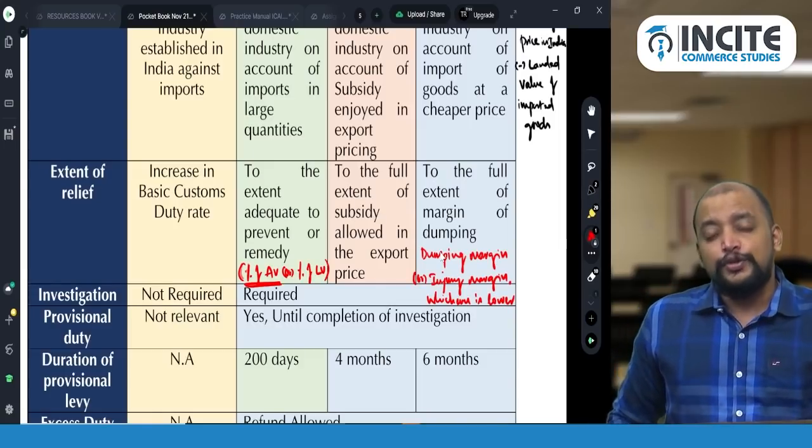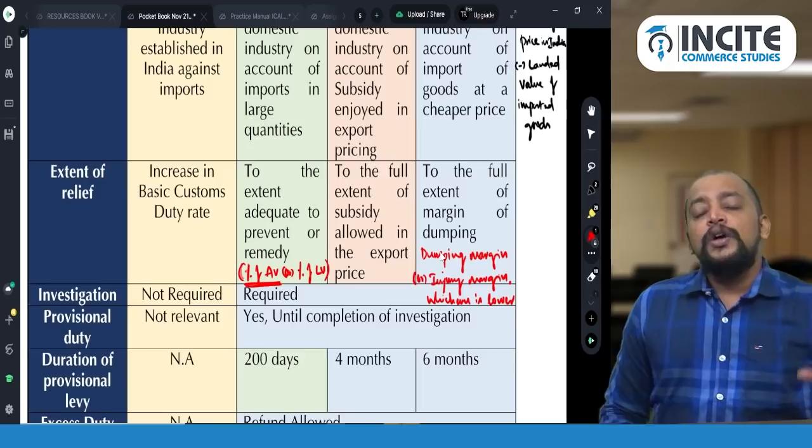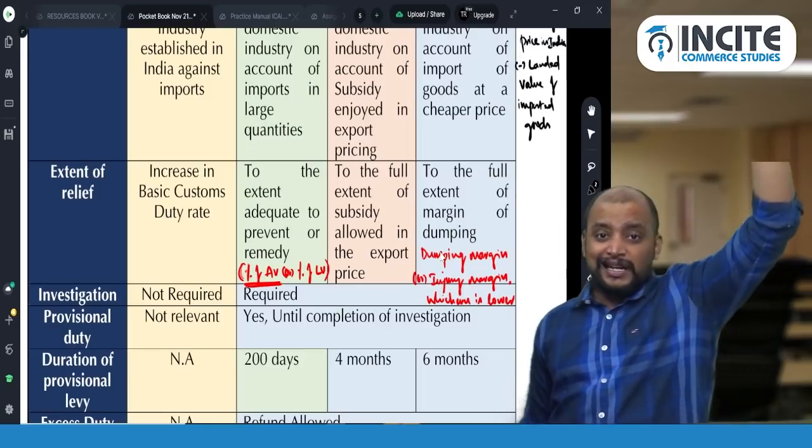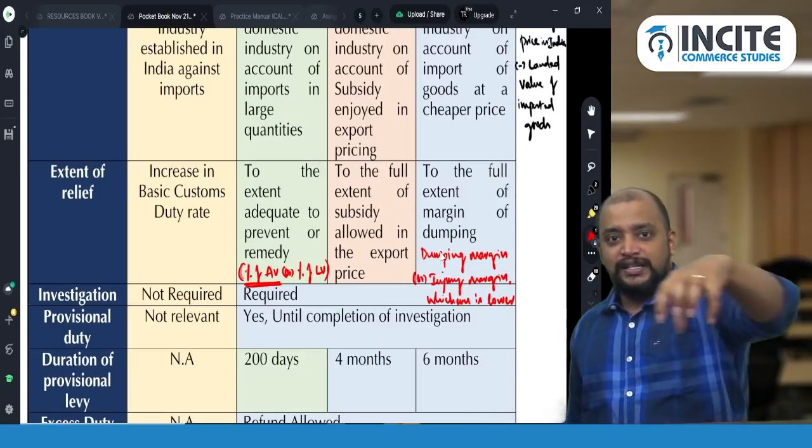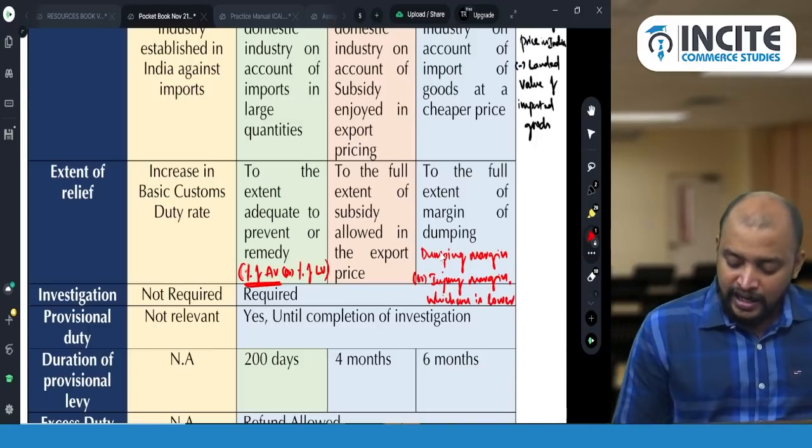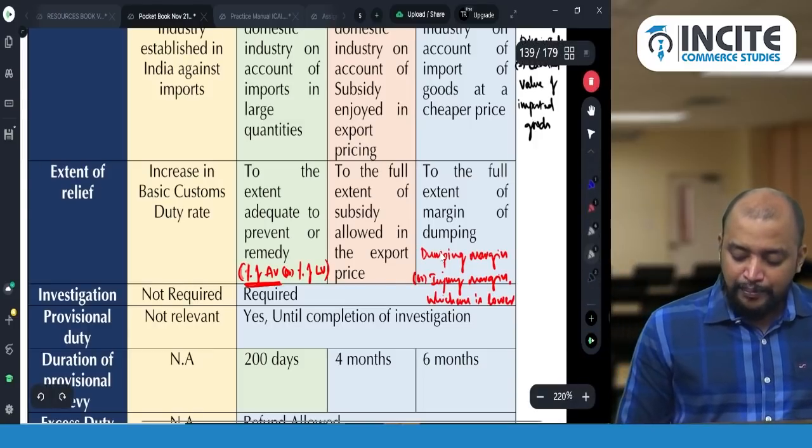Dumping margin refers to who is dumping. The exporter is dumping. What is the price at which they are normally selling in their country minus the price at which they have exported? So how to compute this dumping margin?